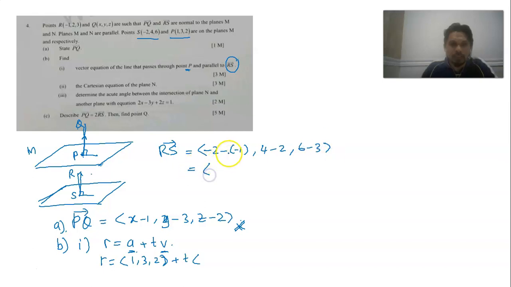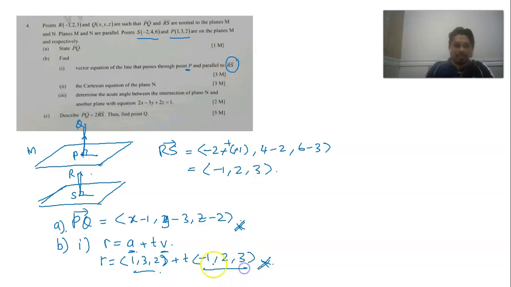So then negative negative becomes positive, negative 2 plus 1 is negative 1, 4 minus 2 is 2, and 6 minus 3 is 3. Okay, so then use (-1, 2, 3). So this is the vector equation of the line passing through point P and parallel to RS, and this is the scalar t. There you go.